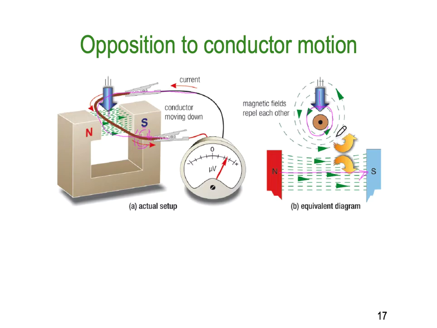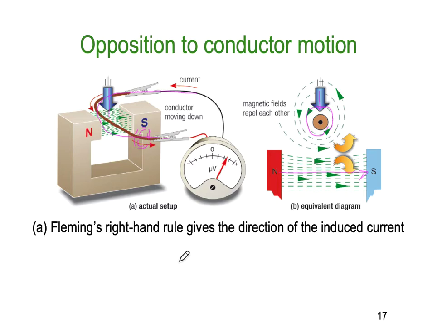It's in the opposite direction to that which created it, and that's called Lenz's law. And it will play a very significant role when you move into alternating currents. So it's good to understand now what Lenz's law is, because it is going to play a significant role in further learning.